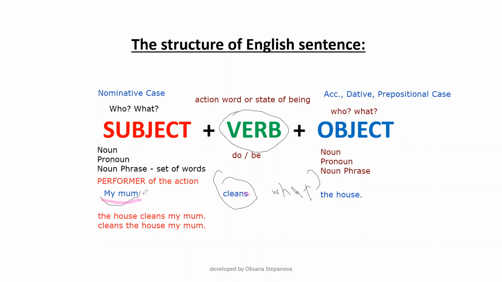And we know that in present simple, the simple verb adds the suffix s or es. It means that the subject agrees with the verb.